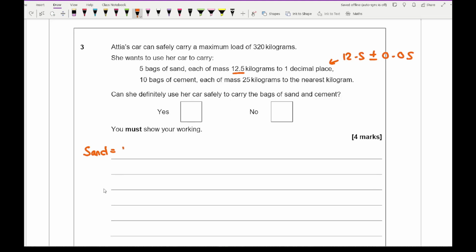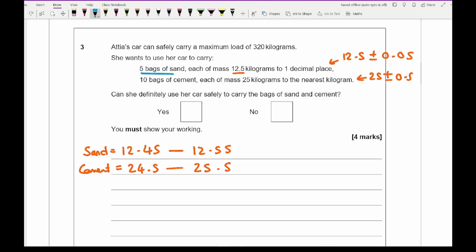So that's going to be 12.45 to 12.55, and then the cement is going to be 25 plus or minus 0.5, so that's going to be 24.5 to 25.5.